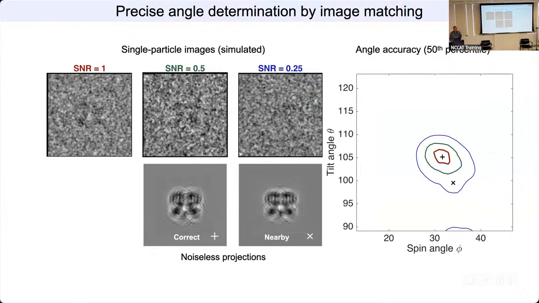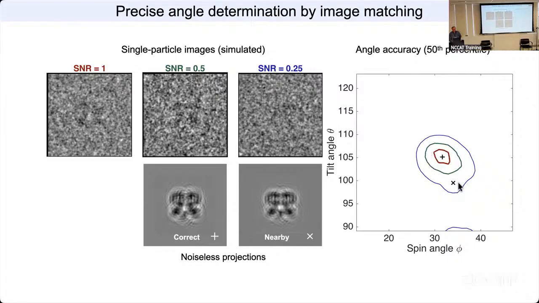Here's a little simulation experiment. This is an image at approximately the same signal to noise ratio as the original experimental data. Here I added more noise, and here I added more noise. The question is, can I distinguish two different orientations of the original object? Now I'm plotting things as a function of the tilt and the spin angle, and this is the correct orientation, and this is a nearby orientation.